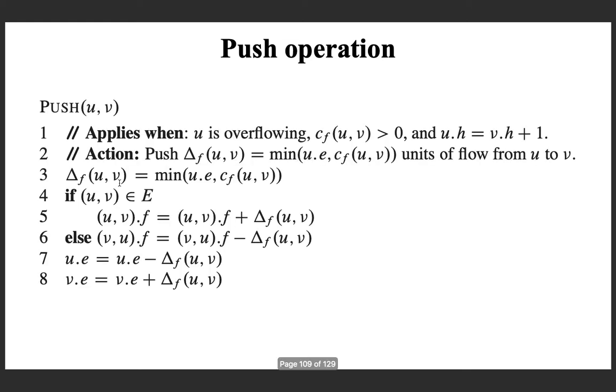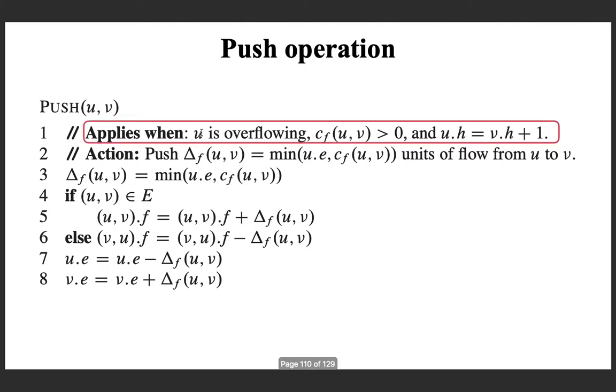Now let us try to see formally what a push operation is doing. This is pseudocode that I copied from the textbook. You want to push a flow from U to V, and it applies when there is an excess flow at U, the remaining capacity of this edge is greater than 0, and the height of U is 1 more than the height of V. And what is the action?